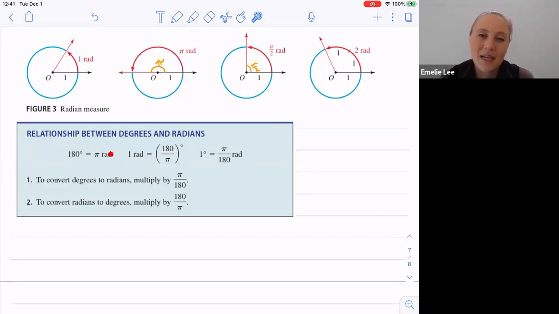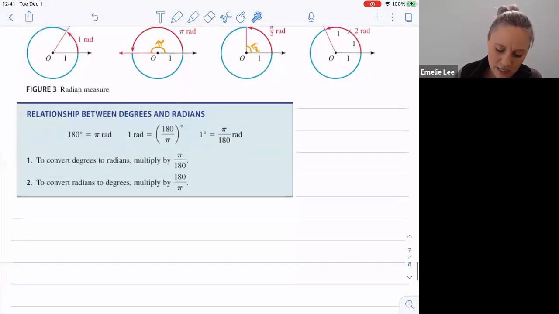So pi is in radians because there are no units. 1 radian must be 180 over pi degrees. That's hard to think about, but what happened here is you just divided by pi. 1 degree then must be pi over 180, just moving the 180 over here and holding the degrees and the radians steady.